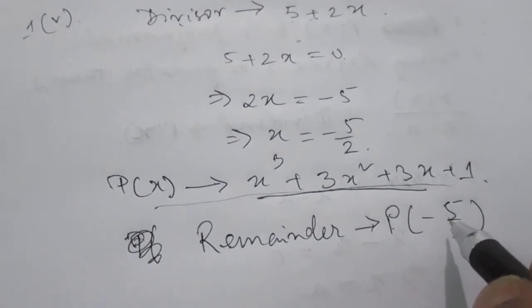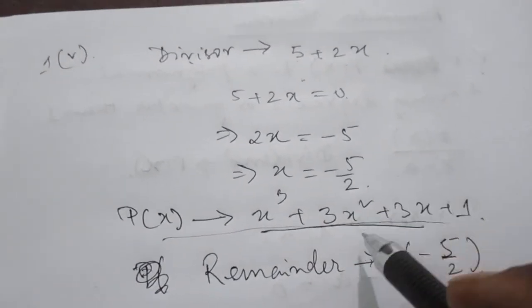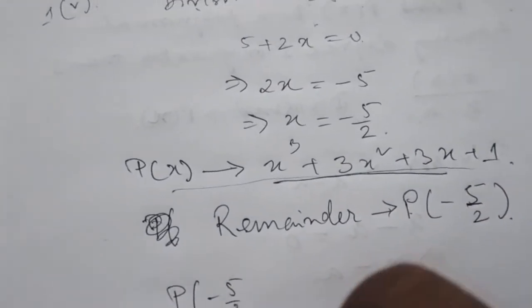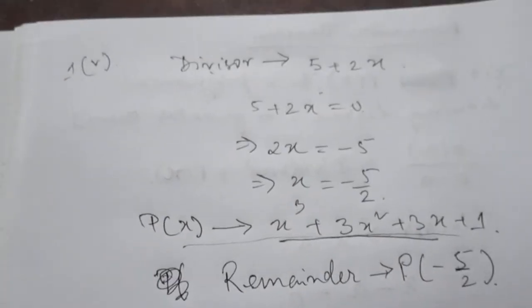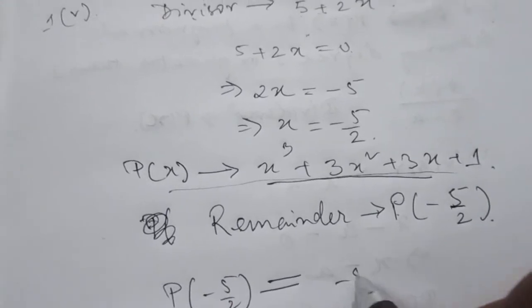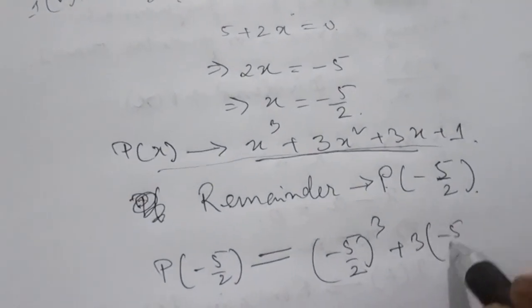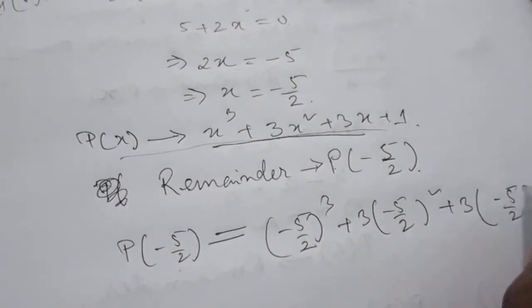Okay, that means we will put the value x is equal to minus 5 by 2 in the place of x in the polynomial p(x). So let's find out what we get. p(-5/2) is equal to how much? (-5/2) cube plus 3(-5/2) square plus 3(-5/2) plus 1.